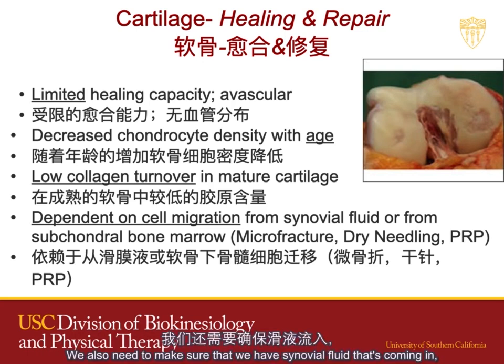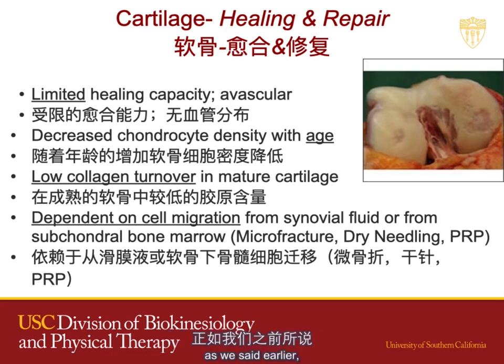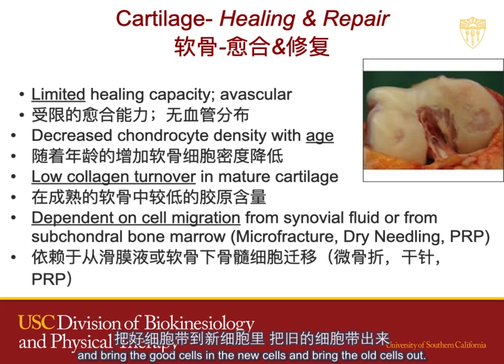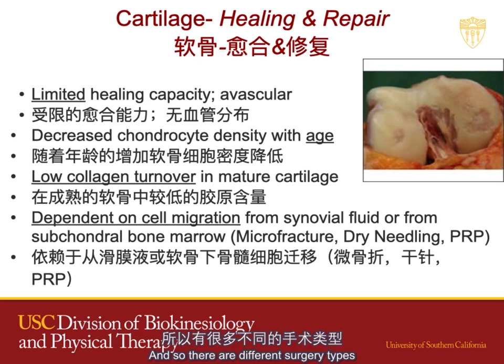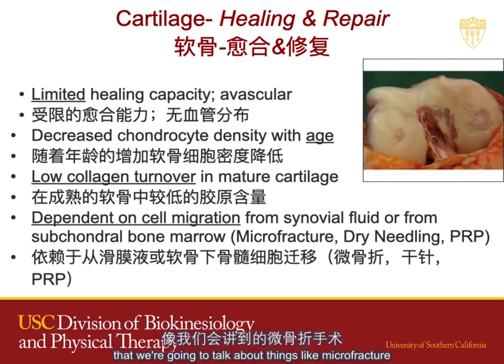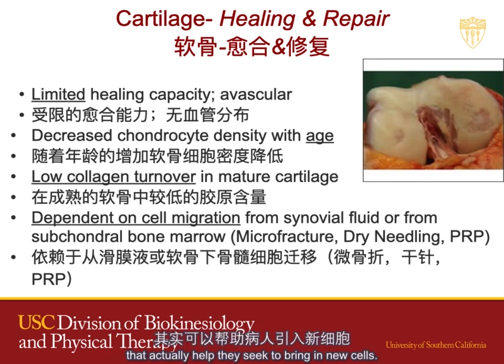We also need to make sure that we have synovial fluid coming in, as we said earlier, that's able to provide nutrients and bring the new cells in and the old cells out. There are different surgery types that we're going to talk about, things like microfracture, that they think help to bring in new cells.